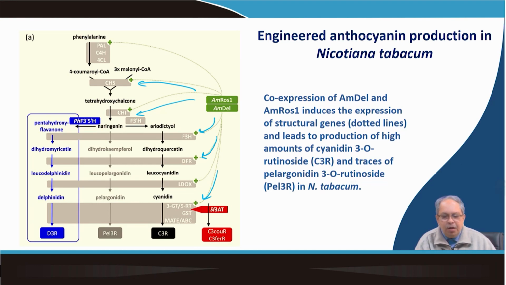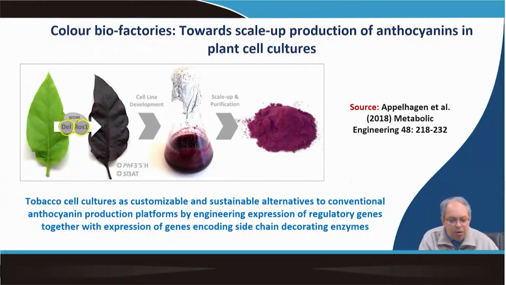AM stands for Antirrhinum majus, snapdragon. As a result of this expression, the tobacco leaf accumulates anthocyanin and turns blackish, which is basically more cyanidin accumulation.